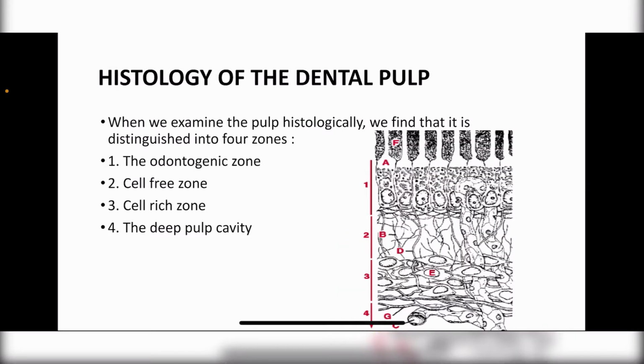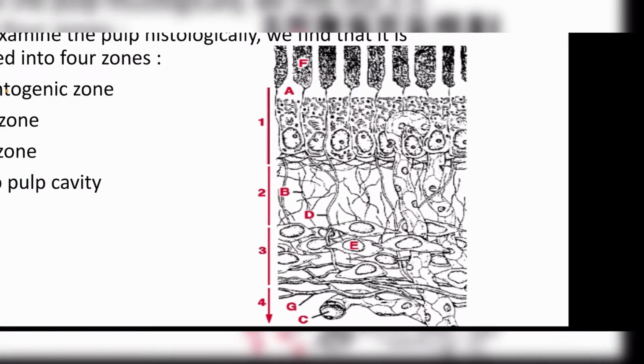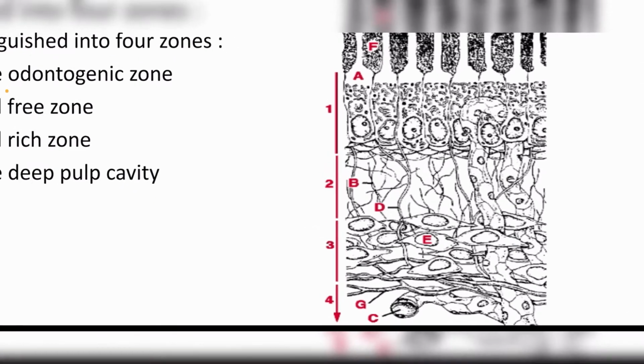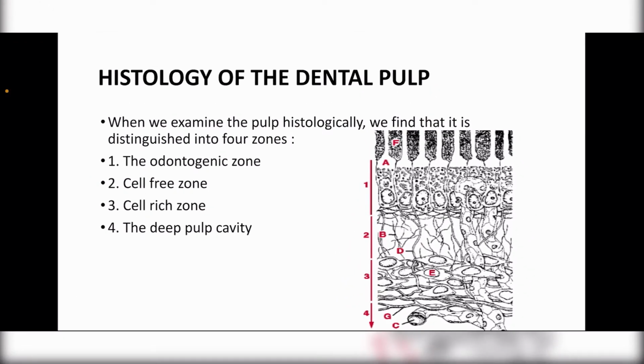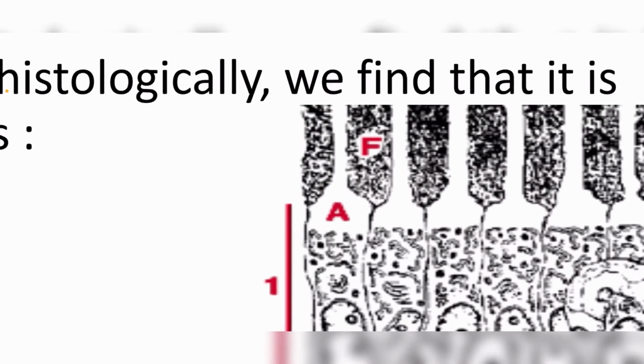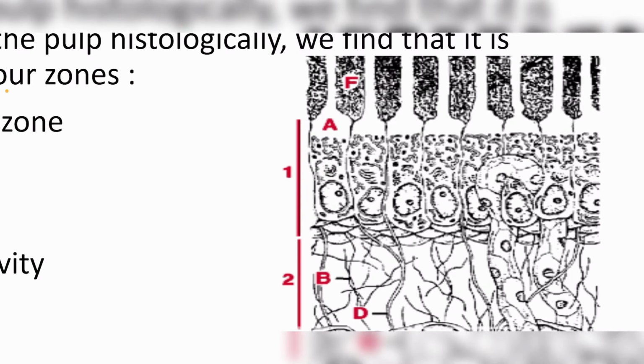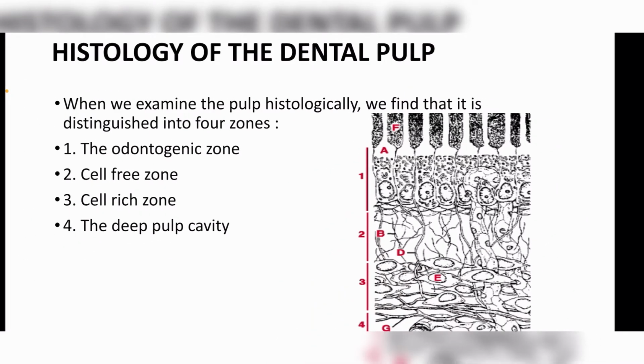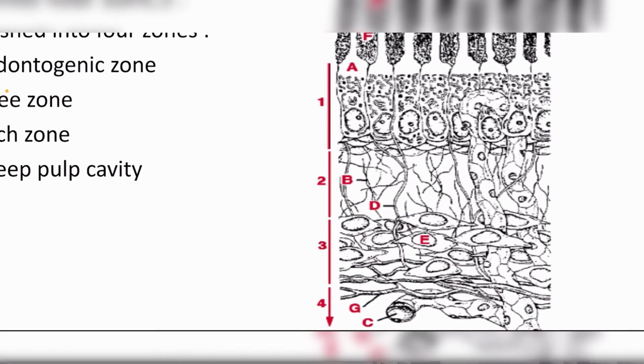Histologically, when we examine it, we find that it is distinguished, as you can see over here in this drawing, into four different zones. The odontogenic zone differentiates into a layer of dentin-forming odontoblasts. Here it is, number 8, like these ones. Then immediately subjacent to the odontogenic zone, we've got the cell-free zone of Weil.